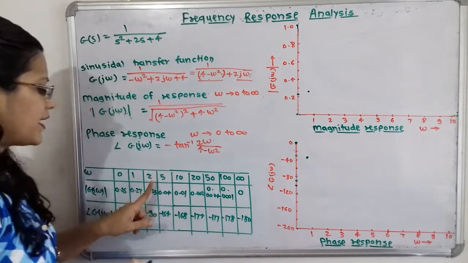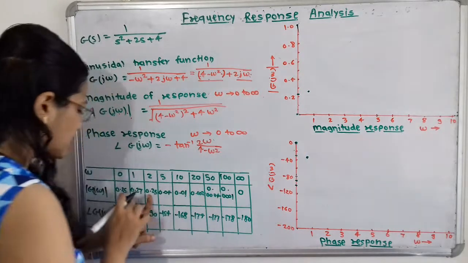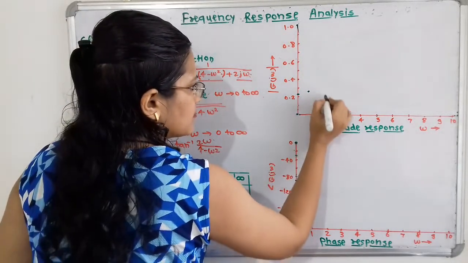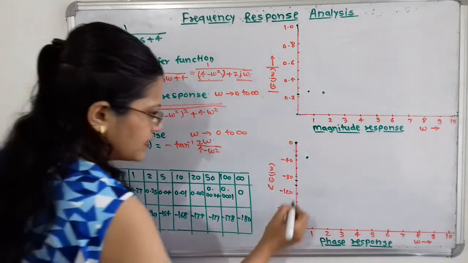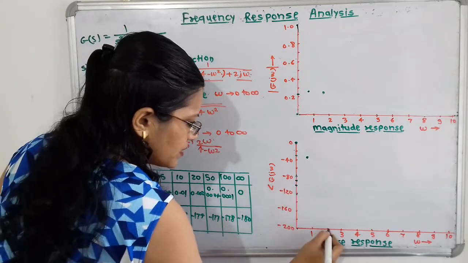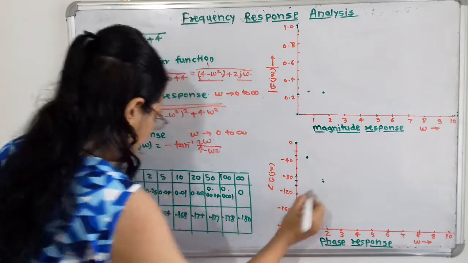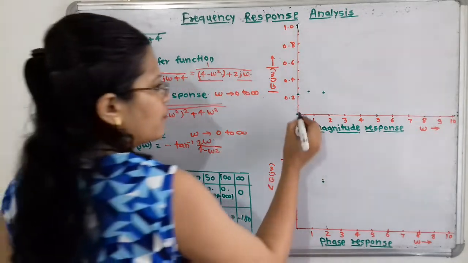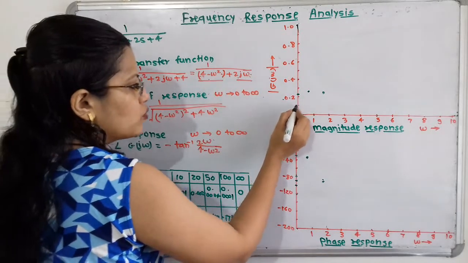Then when omega is equal to 2, it is 0.25, so I will take here 0.25, again the same. And the angle is minus 90. Minus 90 is in between minus 80 and minus 120, so I have to take it here. Here is the point. Then when omega is equal to 5, it is 0.04, which is below 0.2.